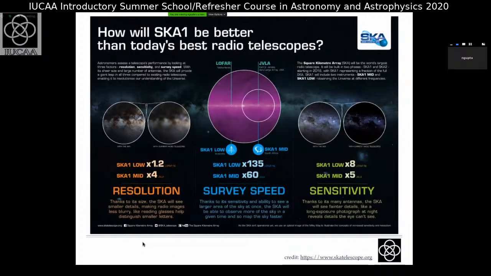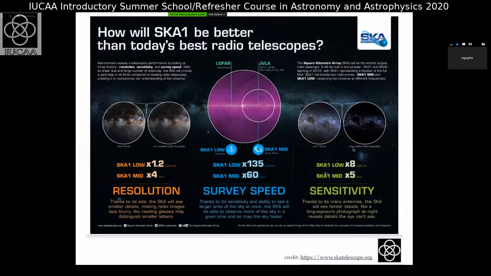And this is now demonstrating how SKA1 will be better compared to some of the best radio telescopes. The comparison is made between LOFAR and VLA in the central figure if you see here. What is compared in the left one is the resolution. You can see the kind of resolution that SKA will produce and the kind of resolution or clarity that the current telescopes are producing.